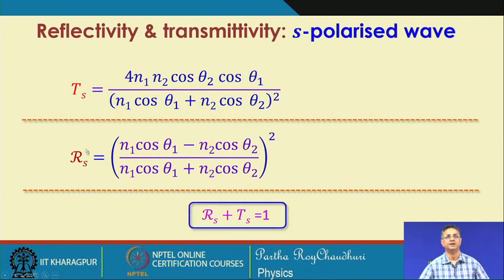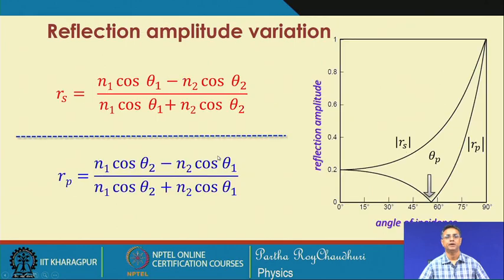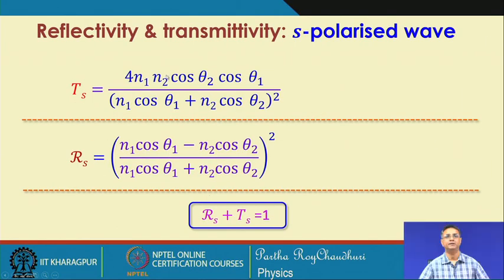Now, T s and R s we have been able to exclusively determine from the knowledge of the refractive indices and the angle of incidence and angle of refraction. If you add these two, it is very easy to show that R s plus T s is equal to 1. Square of this plus, which will have some n 1 n 2 cosine theta 1 cosine theta 2, so if you do this it will become plus, both of them will cancel and will give you unity.